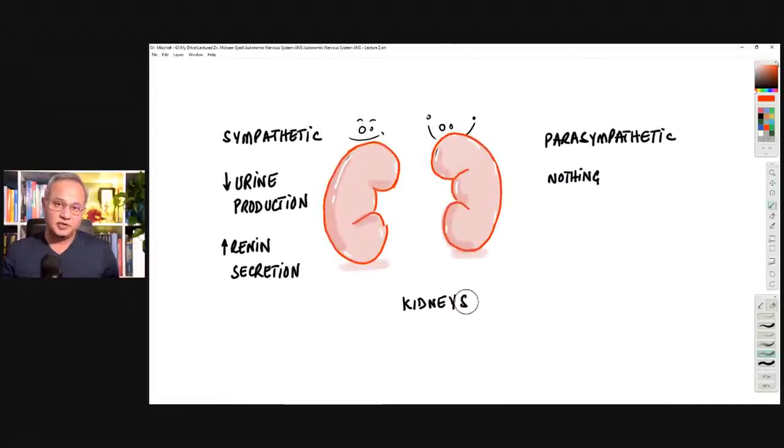Kidneys. What do you think would happen? Sympathetic system. Do we want to make more urine when we are running? No. So not only do we relax our bladder, so the feeling of urination or the urgency to urinate would go away, we also reduce making urine. This is why when we are under stress, we don't even know and we go hours and hours without needing to urinate.